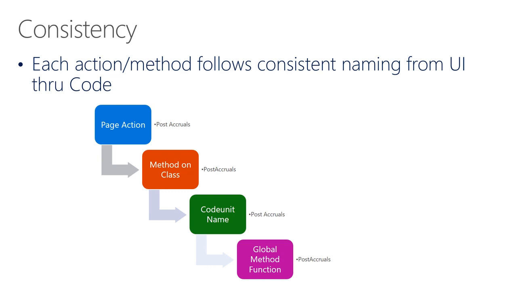In the explicit context of each data entity, you would, however, leave out the epithet which creates that context, that is, sales or purchase. So the page action would only be called post accruals on both the sales order and on the purchase order page. That holds true for the method on the class and the global method function as well.